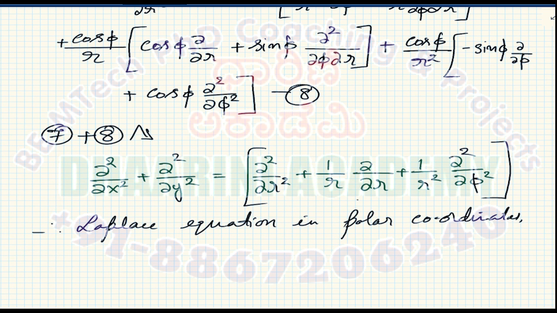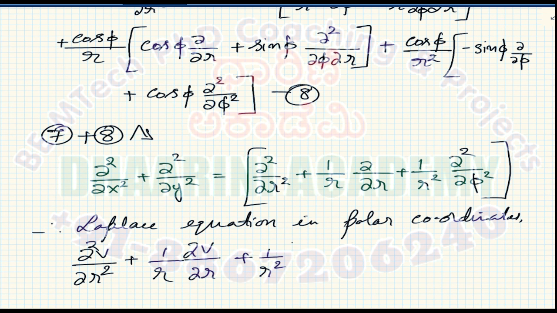So you just have to multiply this with the v. So that is dou square v by dou r square plus 1 by r dou v by dou r plus 1 by r squared into dou square v by dou phi square equals to 0 is your equation.